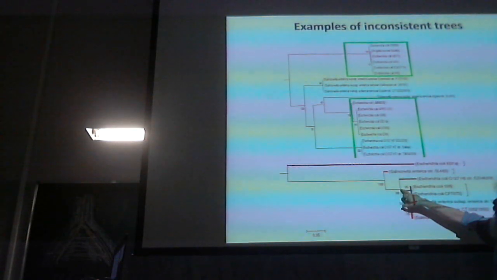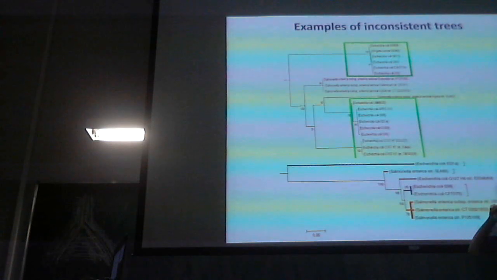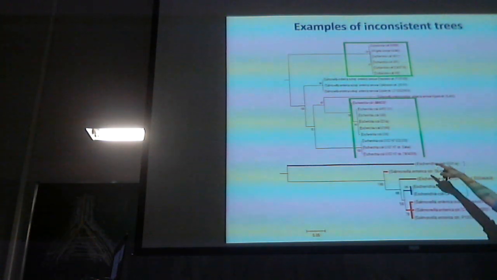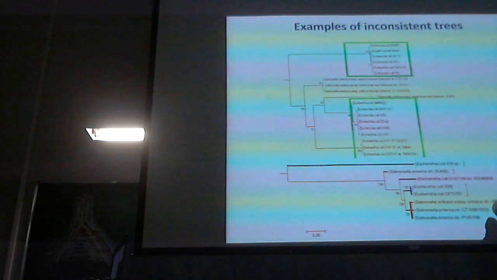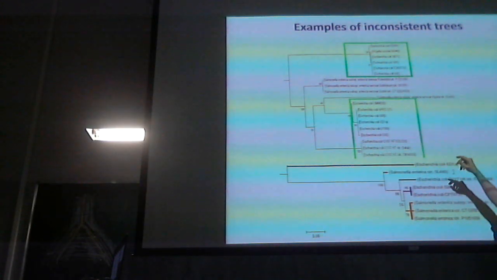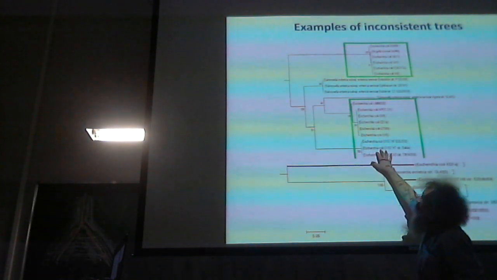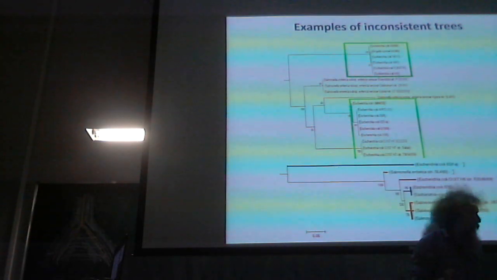And the same here. Here, Escherichias are in these green rectangles. And again, there is no way to root this tree so that you would have separate Escherichia and Salmonella branches.